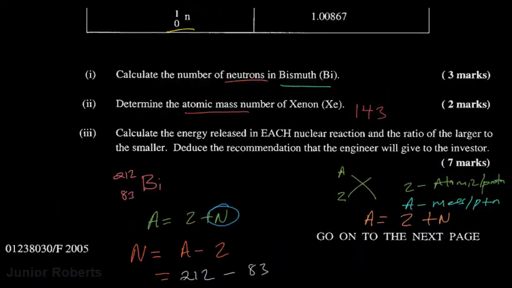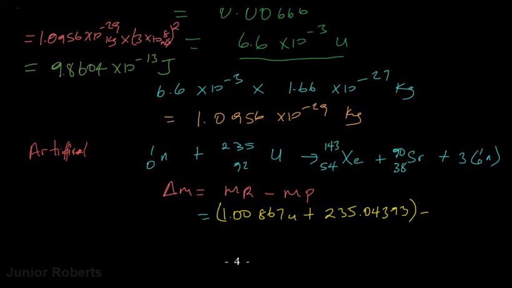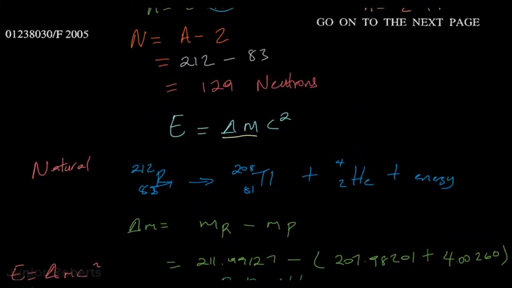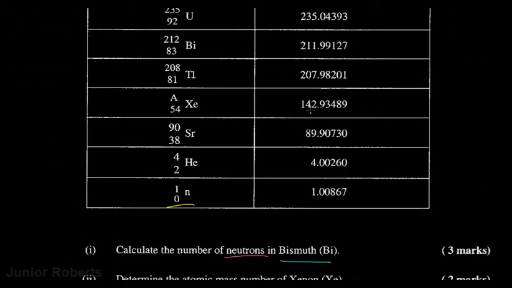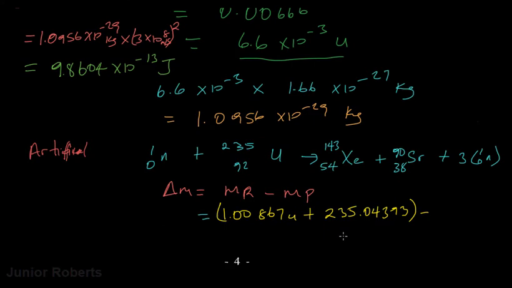All right, so our products in this case are xenon and strontium, and 3 neutrons. So for xenon, we have 142.93489, so we're going to write that down, in a bracket, plus the mass of strontium.